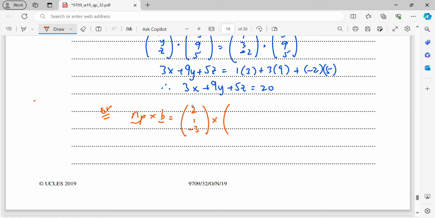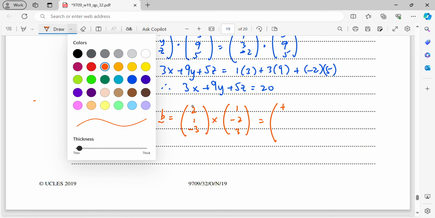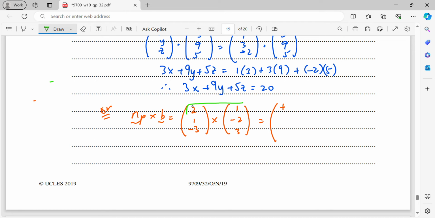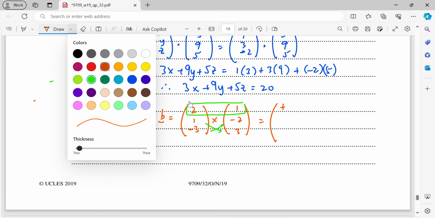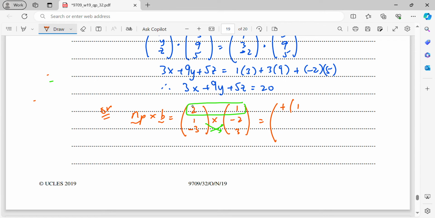Then you cross with (1, negative 2, 3). To evaluate this cross product, you just use this method. The first one is plus. Now you cover, so cover this and then you use cross multiplication. So you will be getting 1 times 3 minus negative 3 times negative 2.